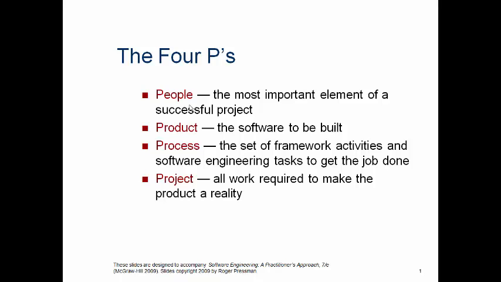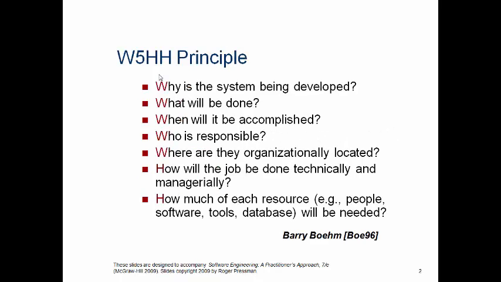To avoid project failure, a software project manager and the software engineers who build the product must avoid a set of common warning signs, understand the critical success factors that may lead to a good software project, and develop a common sense approach for planning, controlling and monitoring the project. So these are the 4 P's that are taught in the project management spectrum.